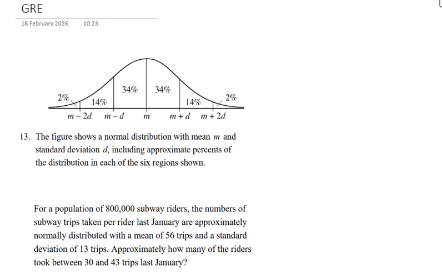We are shown a normal distribution curve with mean M and standard deviation D. The diagram shows approximate percentages in each region: from M minus 2D to M minus D, that is 14%; from M minus D to M, 34%; from M to M plus D, that is 34%; and from M plus D to M plus 2D, that is 14%; and beyond M plus or minus 2D, 2% in each tail.